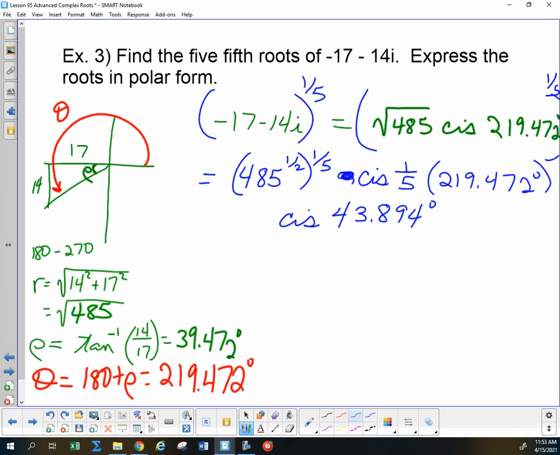How much do I need to add to get my other roots? How'd you get 72? Since we're doing fifth roots, we divide 360 by 5, so we need to add 72. So when you've got that 43.894, you can do plus 72, plus 72, plus 72 until you have all 5 of them. Or you can do it mental math.